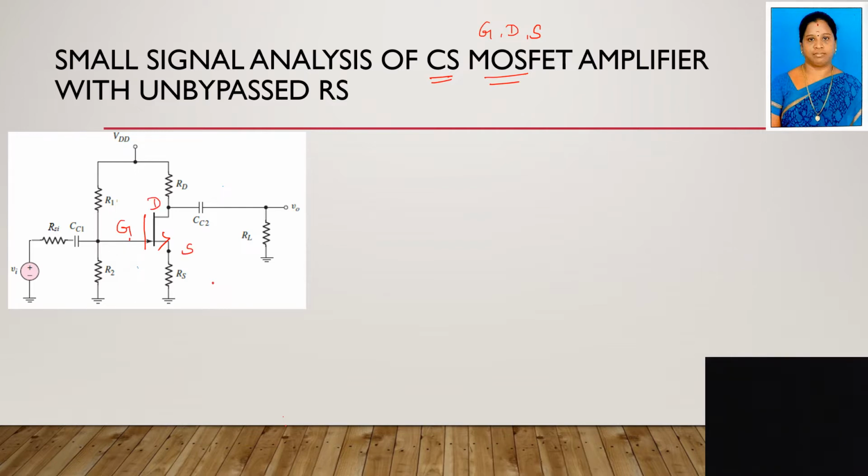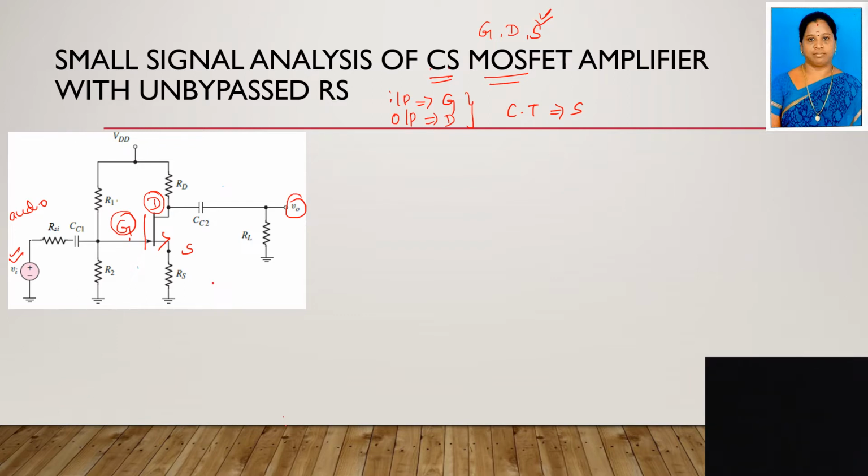The input, this Vi, may be an audio signal or your video signal, right? This signal will be given to the gate terminal. So the input is given at the gate terminal, and output we are taking at the drain terminal. So the remaining terminal is the source, right? So the common terminal here is source. That's why it is called common source MOSFET amplifier.